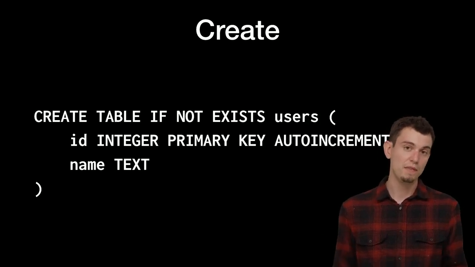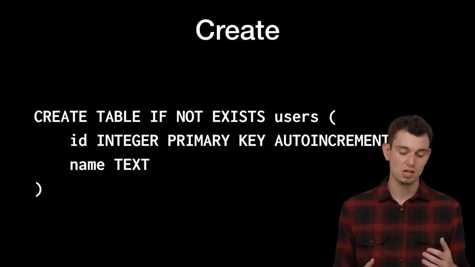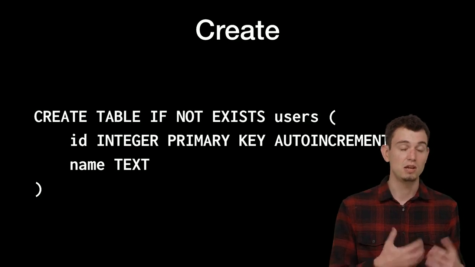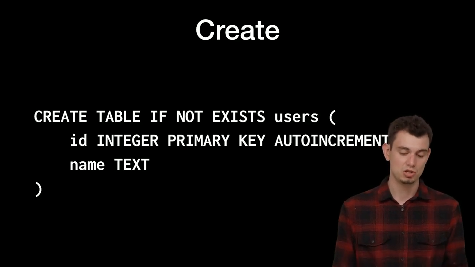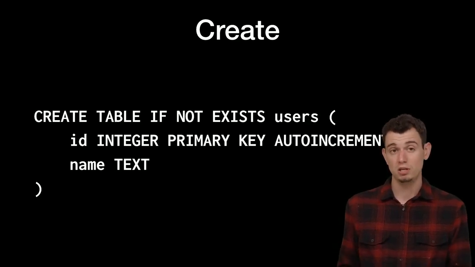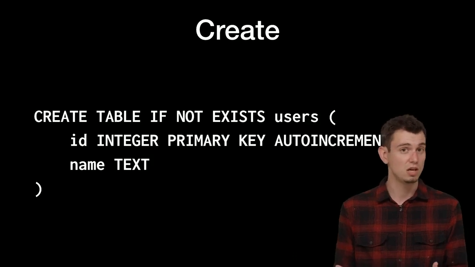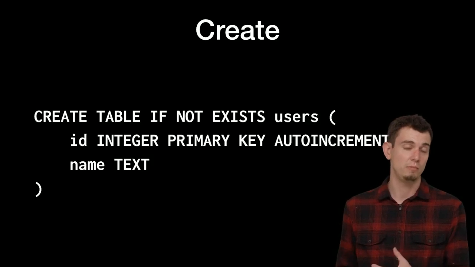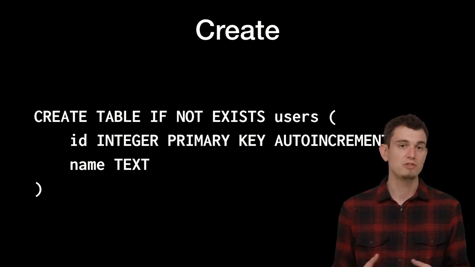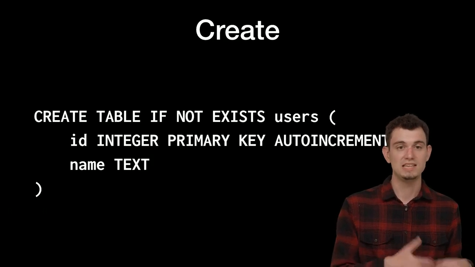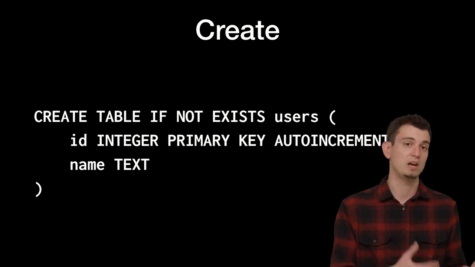And then in these parentheses are the names of the columns. So we have one column here called ID integer. That means that the name of the column is ID, the type is integer. It's our primary key, so that means it's the unique thing that identifies each of our rows. And it's auto increment. That just means that every time a new row is inserted into the table, we're going to take the ID of the most recent row and add one to that.